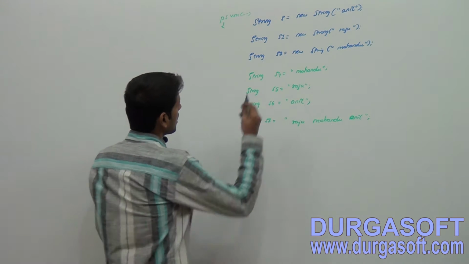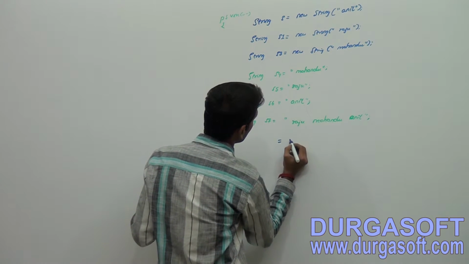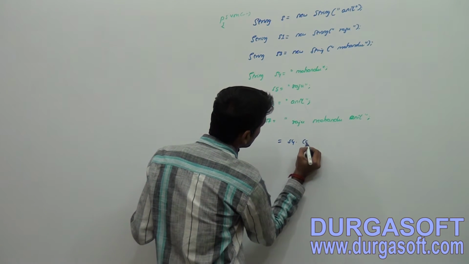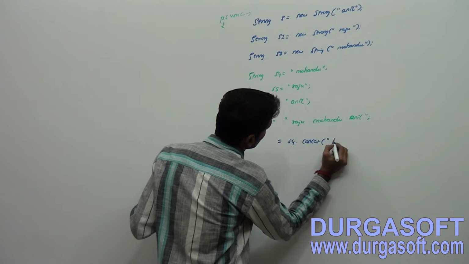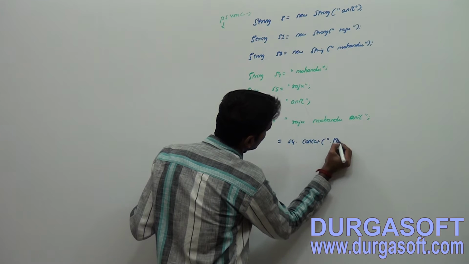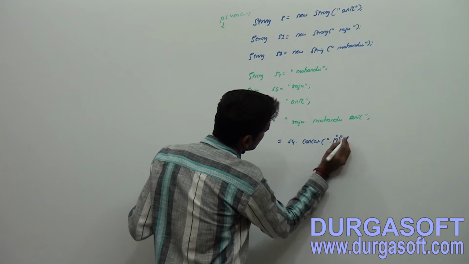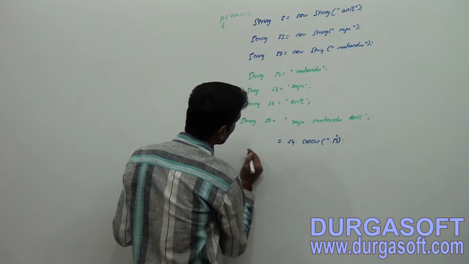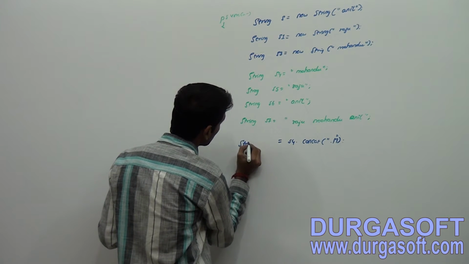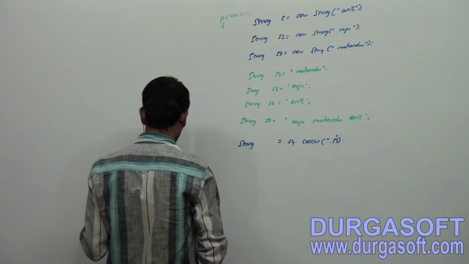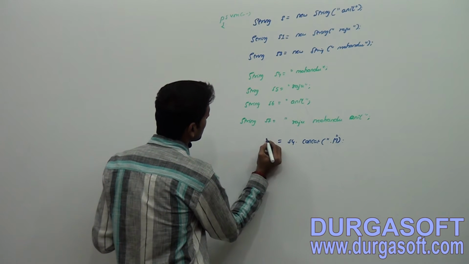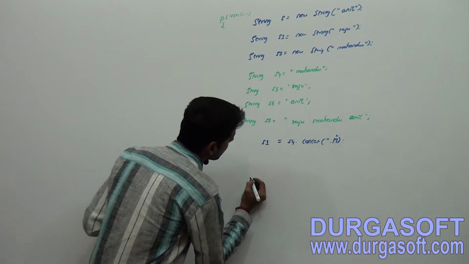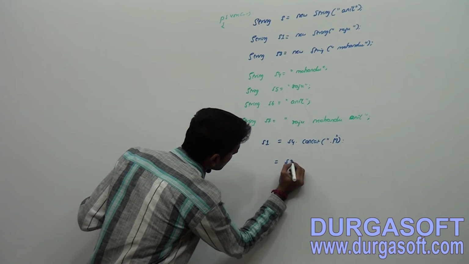Let it be s4 dot concat of m, dot m, dot m. Now let me assign that to s1.